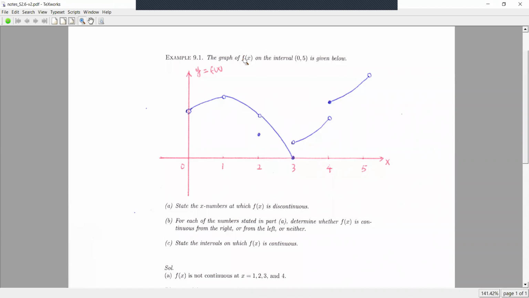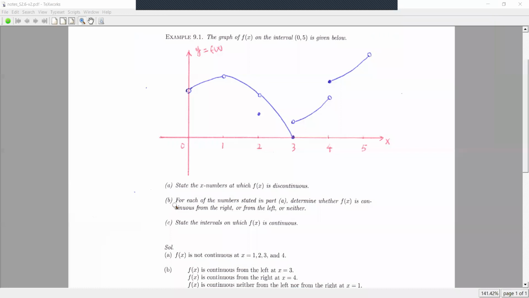Therefore, the function f is not continuous at x is 1, x is 2, x is 3, and x is 4. At x is 1 and x is 2, the function has a removable discontinuity. At x is 3 and x is 4, the function has a jump discontinuity.